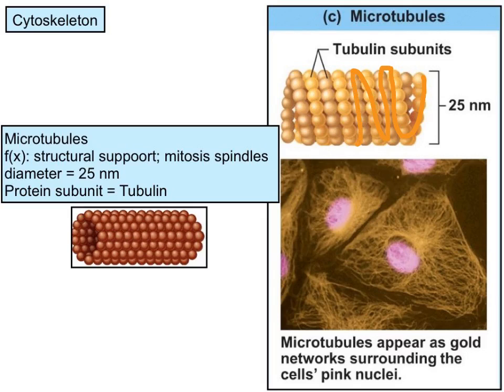You can imagine that something could pass through here or along here within these microtubules as they're oriented in a semi-helical fashion. And these microtubules, their function is to provide structural support, and they make up our mitosis spindles. They tend to be much larger in diameter, about 25 nanometers, and their main protein building unit is something called tubulin. So in this image, here we have our nucleus, and here we have our tubular structures extending out in these gold networks around the nuclei.